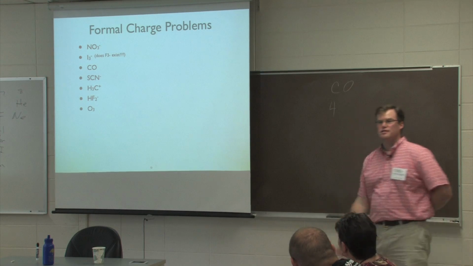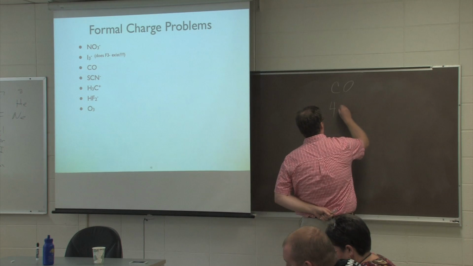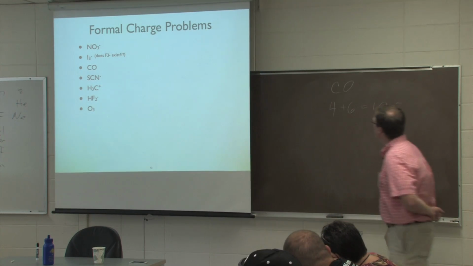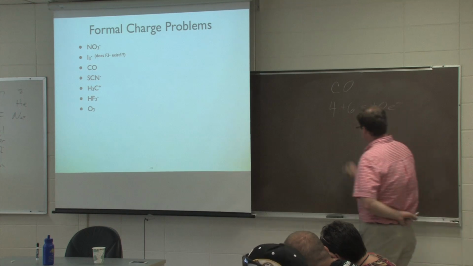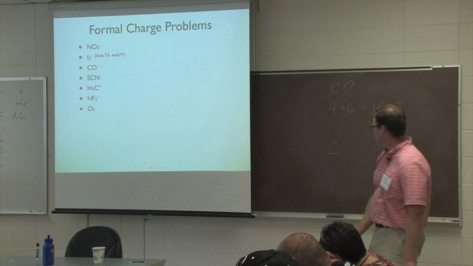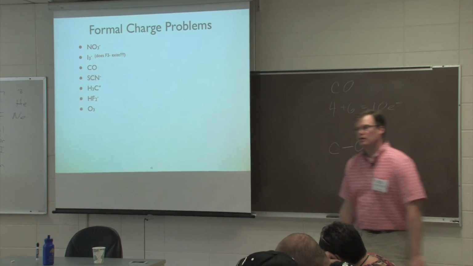So 4 electrons. What group is oxygen in? 6. So we have a total of 10 electrons. Well, only 2 atoms here, so there's not really many choices of how to put this together. So carbon is probably going to be bonded to our oxygen.